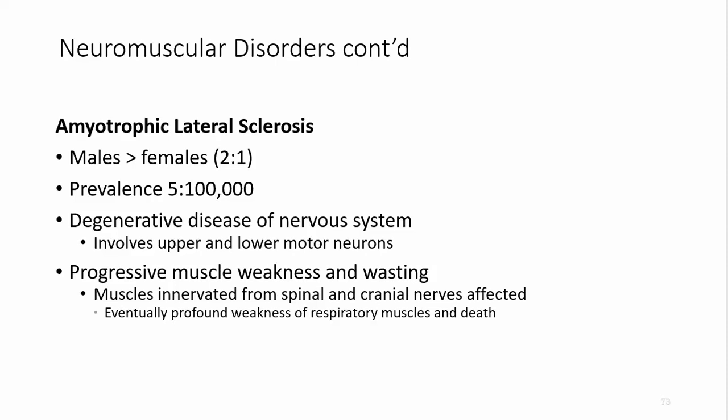It happens in the motor neurons, in spinal nerves, and in cranial nerves. Oftentimes what takes these people is this profound weakness in respiratory muscles, and they basically suffocate because they can't inhale.